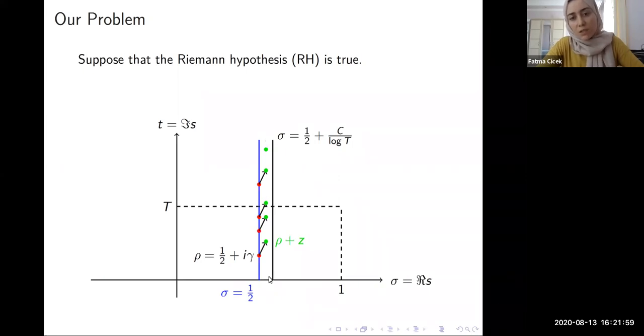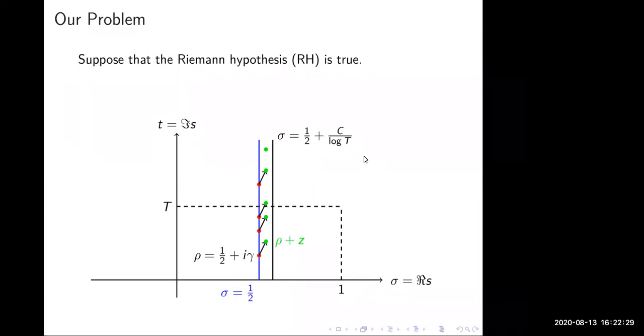There is a generalized version that holds over vertical lines, not just the critical line, but lines of the form 1/2 plus u when u is less than c over log t, but u is positive.